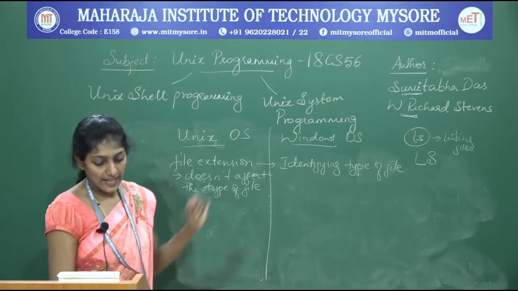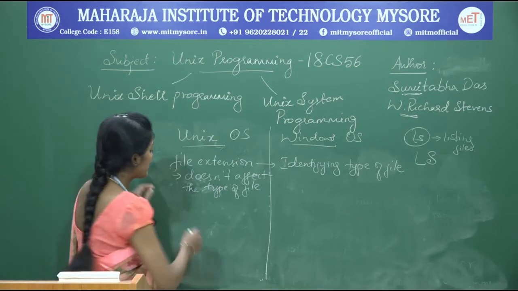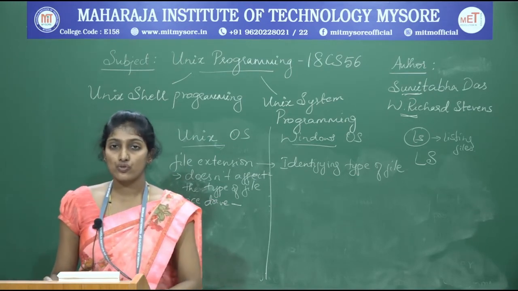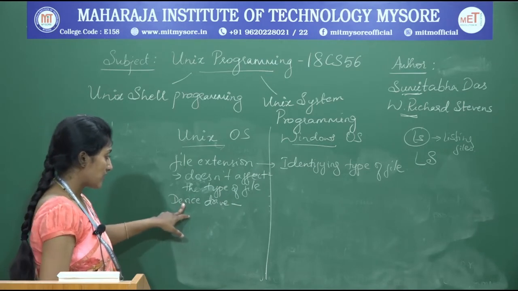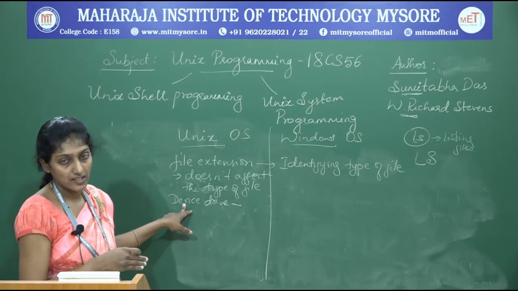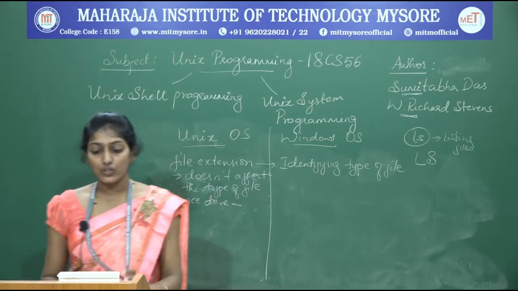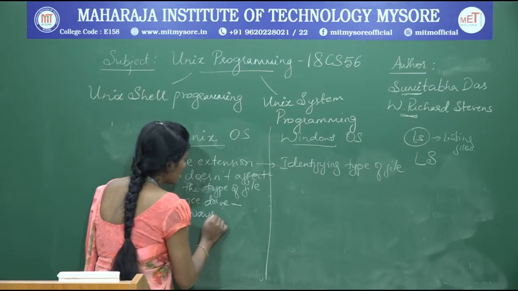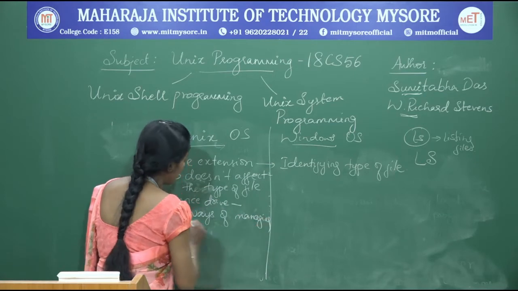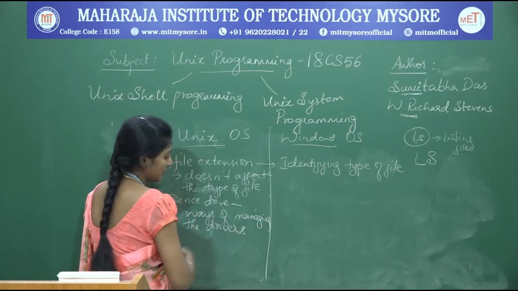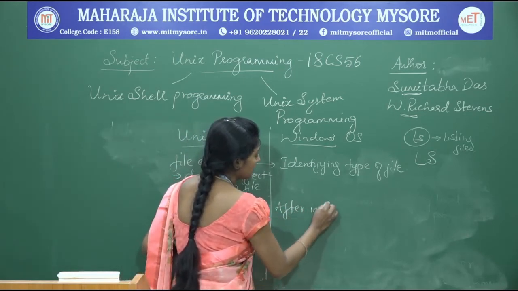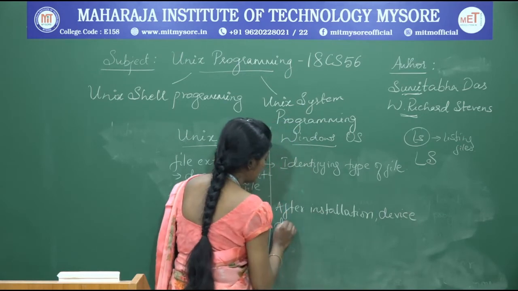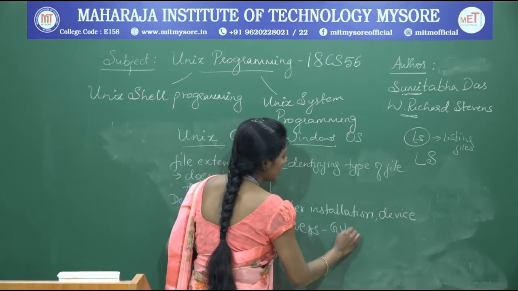The next difference is device drivers. Several ways are used for managing the device drivers in Unix, whereas in Windows, after installation, the device driver packages provide an interactive GUI for the configuration.